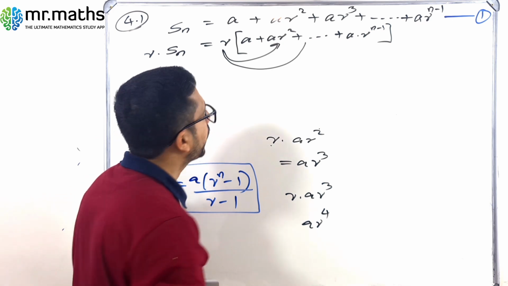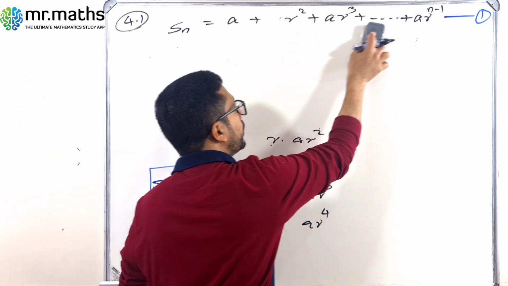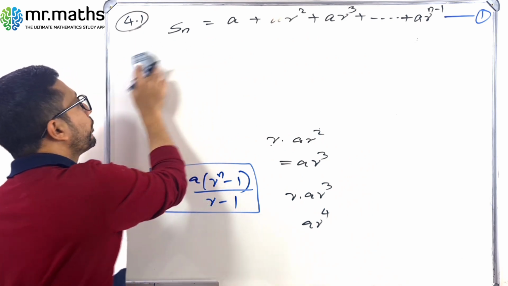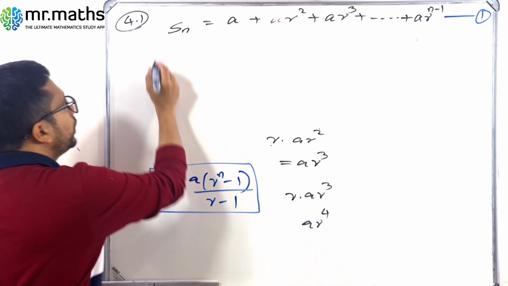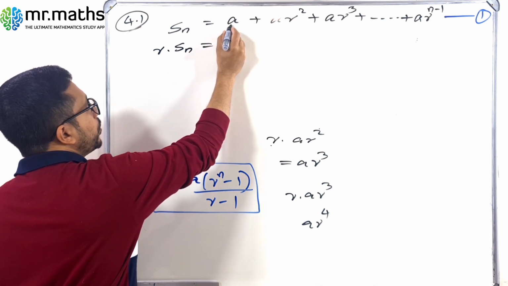Here I'm not going to write it like this; I'm directly going to write the multiplication, expanding in the bracket. Multiplying both sides by r, it is a times r, ar.